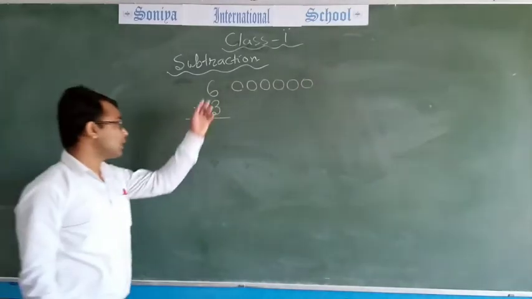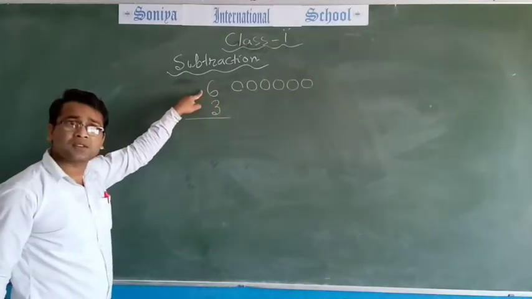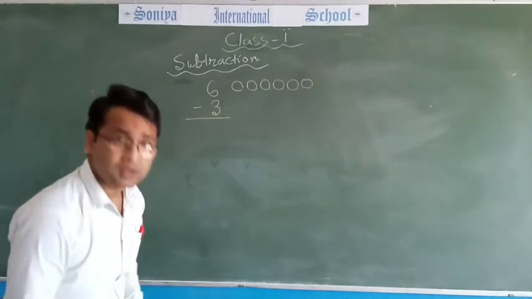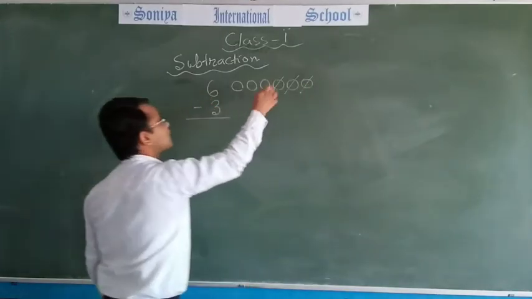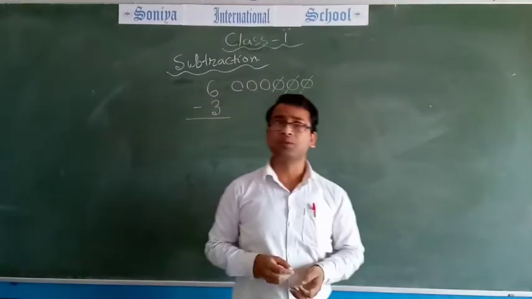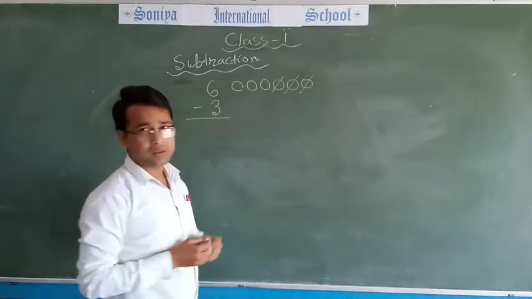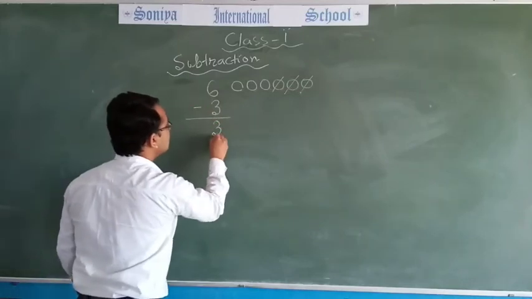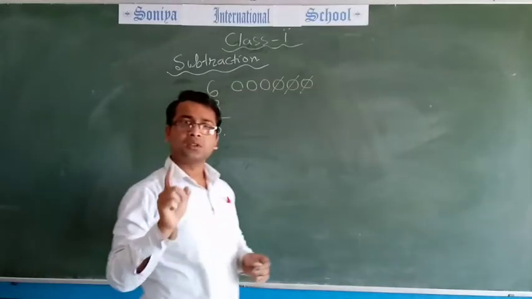That is 6. Then minus 3. 1, 2, 3. That means take away 3. How many marbles are left with me? Let's count. 1, 2, 3. That means 6 minus 3 is equal to 3.